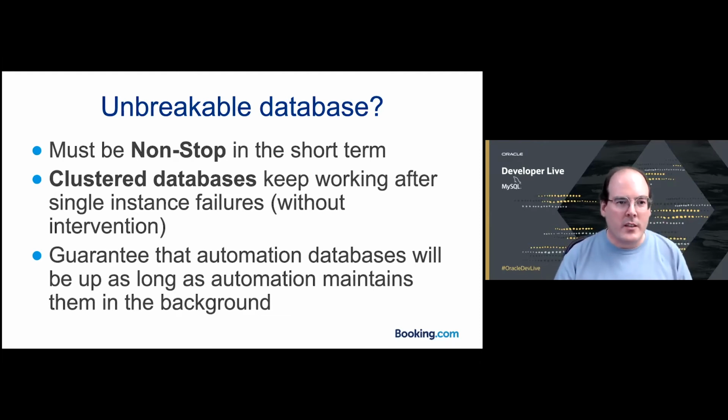You will need to fix it eventually, and you can have automation that will fix it in the background. But at any particular time, if one of the servers breaks, your clustered database will keep running. And that's how we manage to have Orchestrator running on a database while repairing all the other databases.